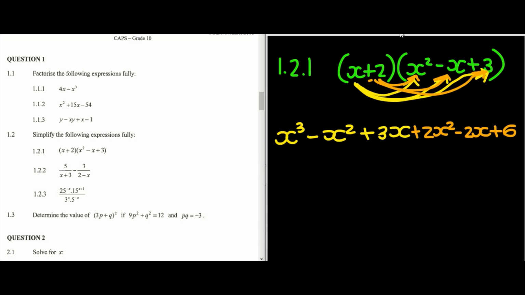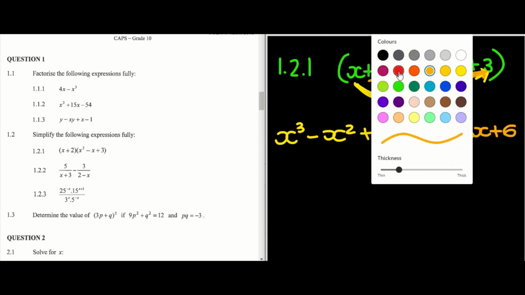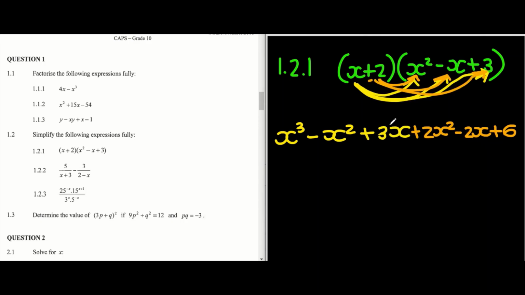The reason why we've done this is so that now we can add up terms that have the same powers of x. So we can add up all the x to the 3. In this case, we've only got 1, so that stays the same, x to the 3. We can add up all the x squared, so we've got minus x squared plus 2x squared.